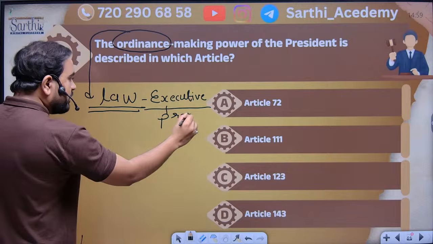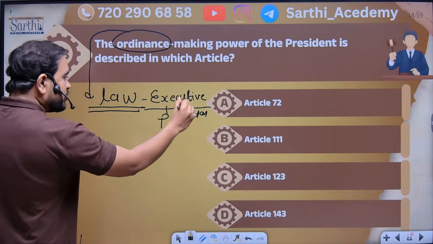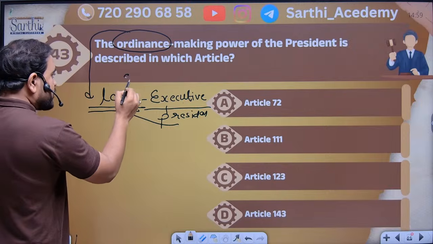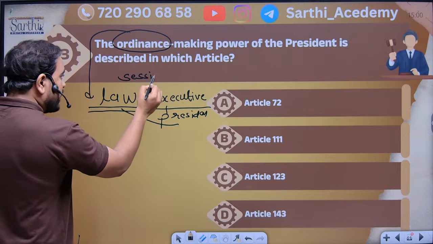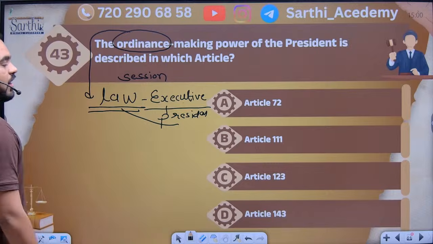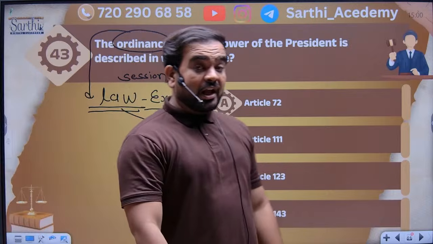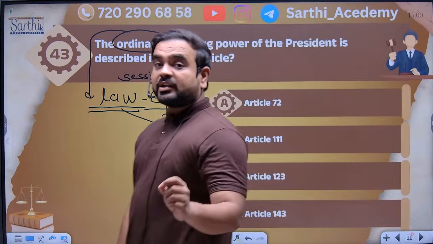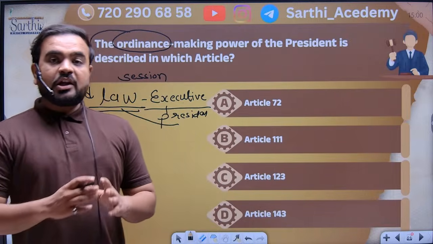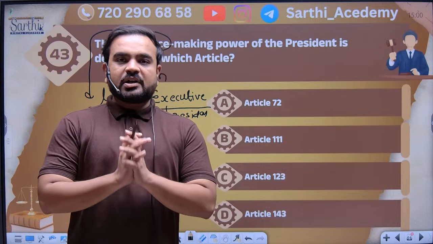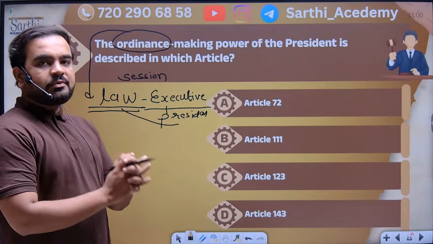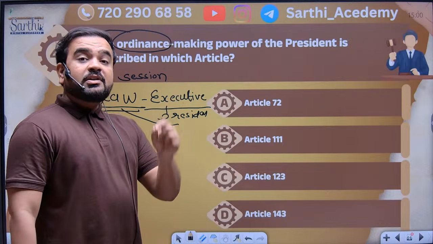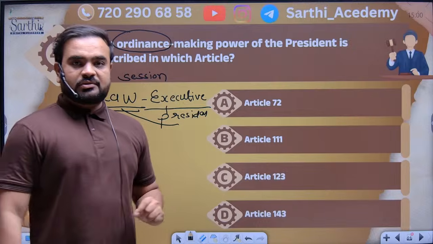Because he is the head of the executive. It empowers executive, that means president, to make law when the session of parliament is not there. If session of the parliament is not there, president can actually pass an ordinance, and that ordinance is actually law made for the country. But actually they have to pass that law within 6 months after the first sitting of next session.